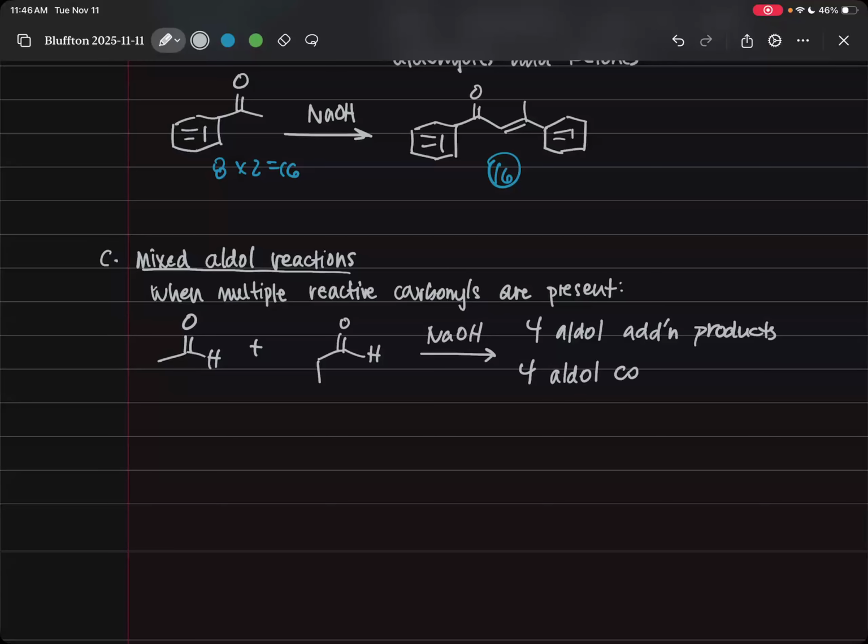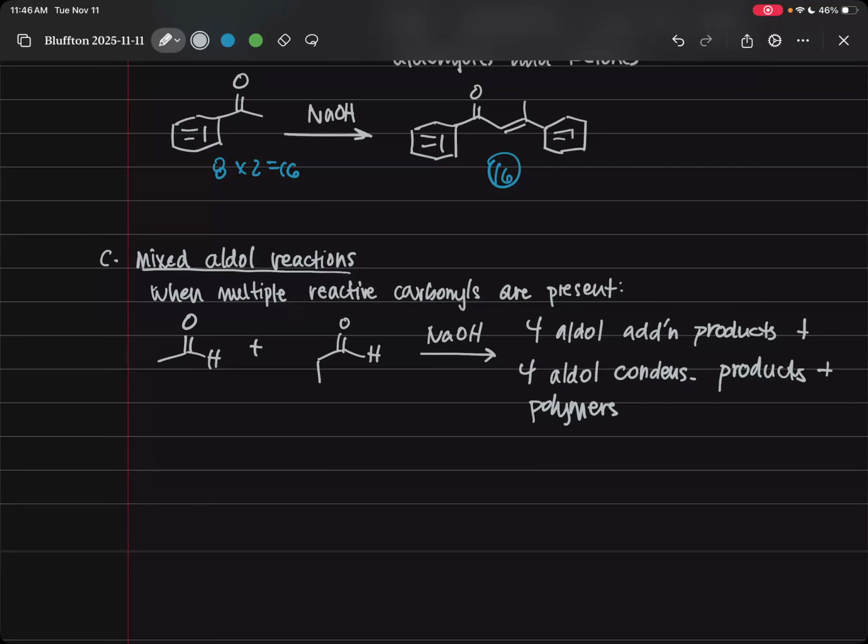There's four condensation products, one from each of the aldol addition products. And you're also going to get some polymerization. So have fun with that.